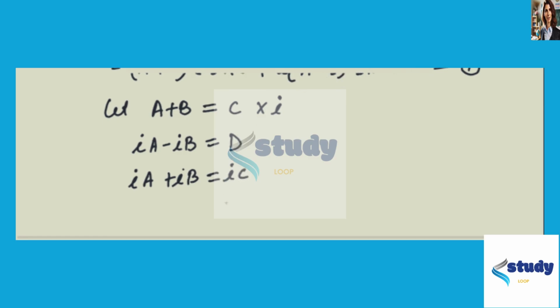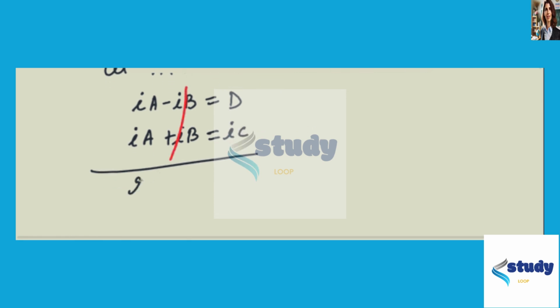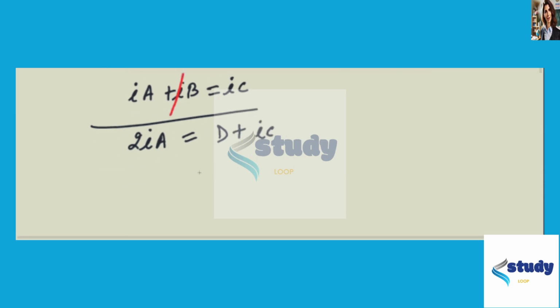If we add these, then this part is cancelled, and it is 2ia is equal to d plus ic.